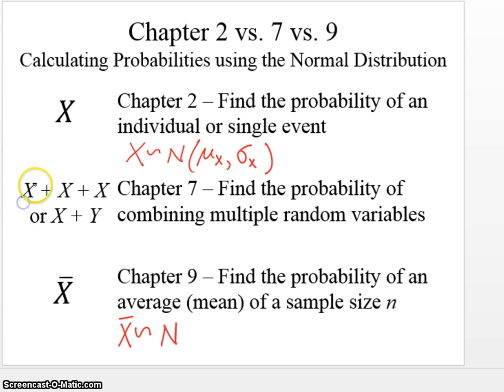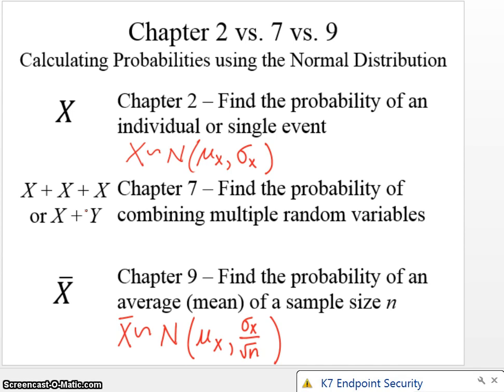Assuming it's normally distributed, it will have a mean of mu sub X. It will be the same mean as the population, and the standard deviation will be the standard deviation of the population over the square root of n. And then we can calculate probabilities based on that. So let's go through and talk about chapter 7 real quick as a quick review. And then you should be able to do some problems based on this.